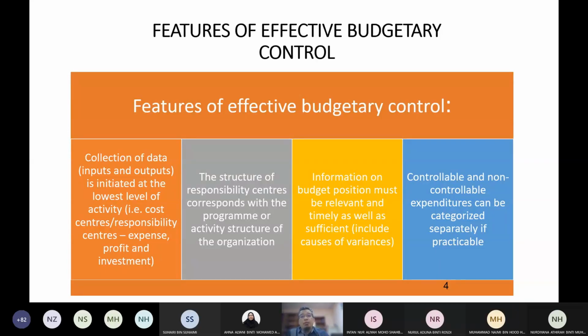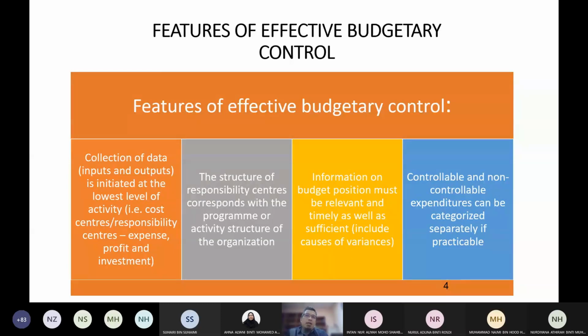The structure of responsibility centers corresponds with the program or activity structure of the organization. You should be able to appreciate that responsibility center means an accounting report will be provided for that center.